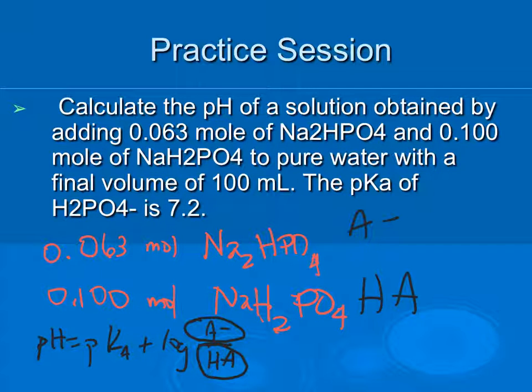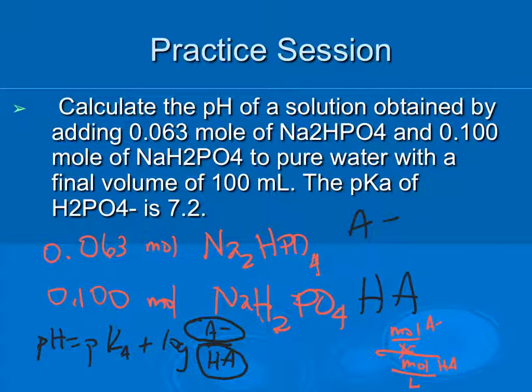Now notice when we do concentrations, normally these are moles per liter, and you can still figure out concentration in moles per liter. However, and you don't have to write this down, since the volume is not changing here, it doesn't really matter how many liters you have. It's just the ratio. If we write that out, we would have moles per liter of A- divided by moles of HA divided by liters.